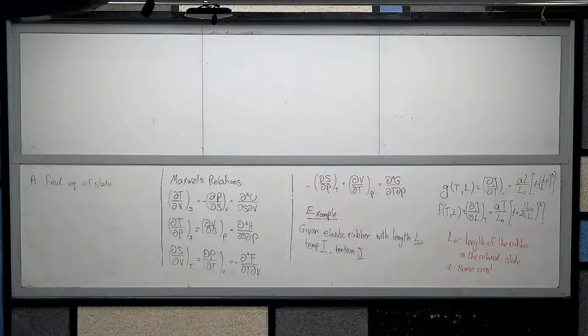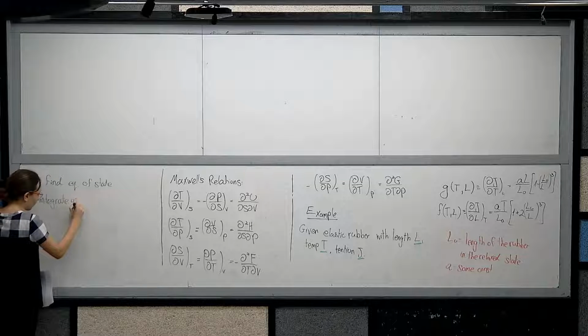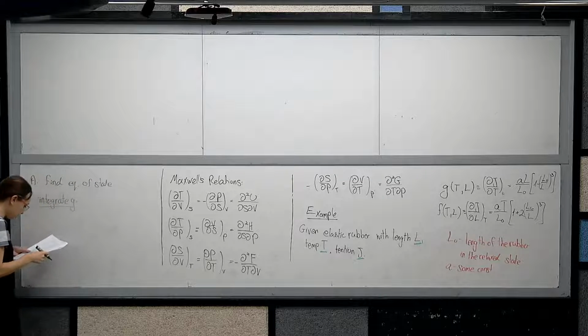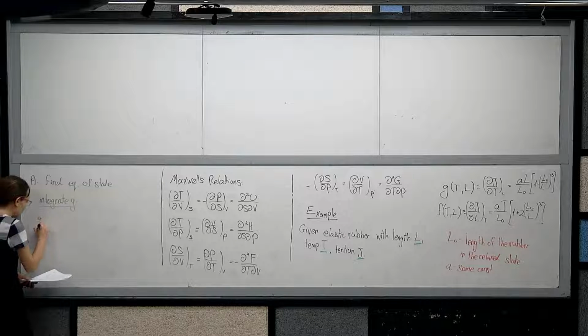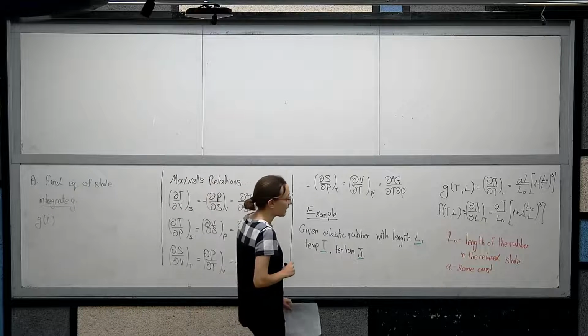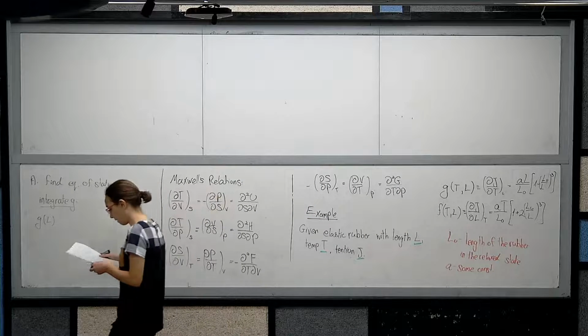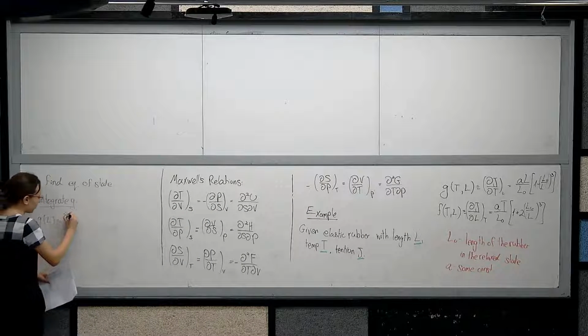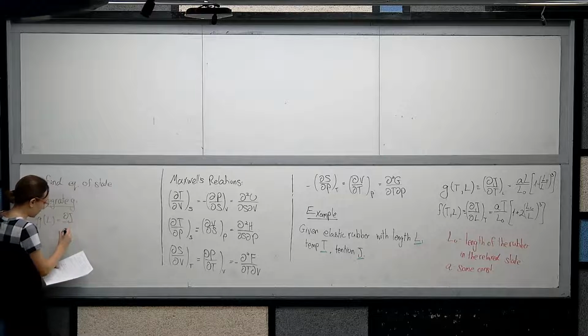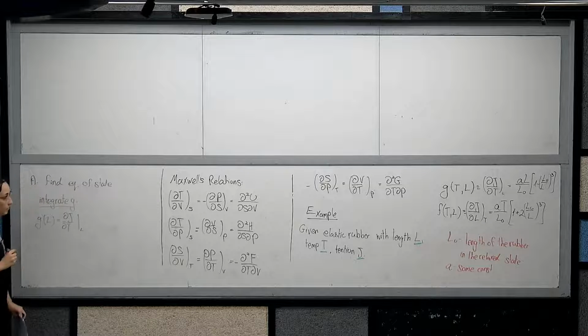Okay, so let's integrate and start with G. The function G has dependence only on L and not on T, and equals the derivative of J relative to T where L is constant.